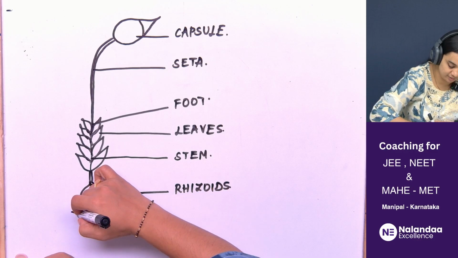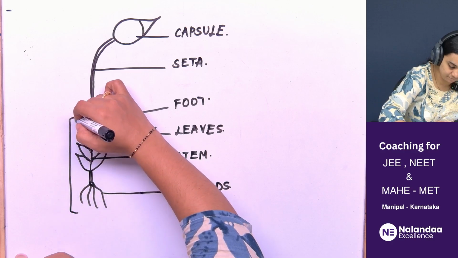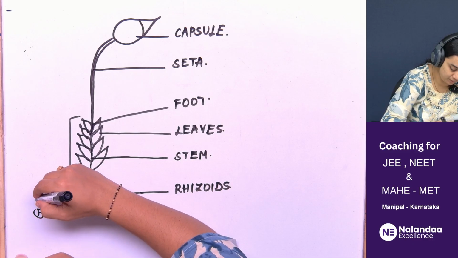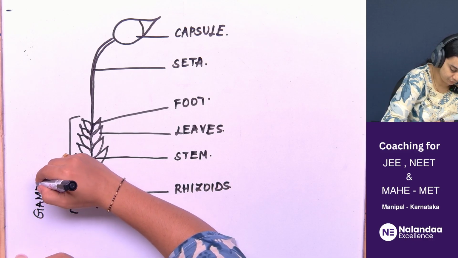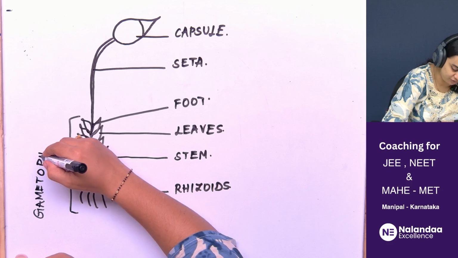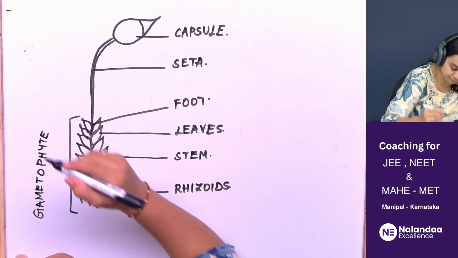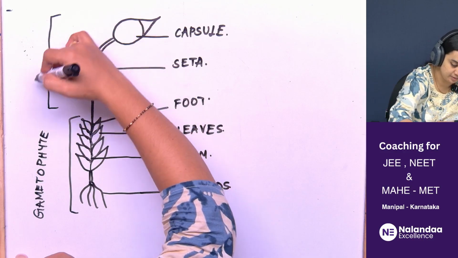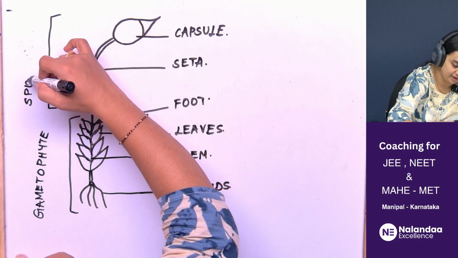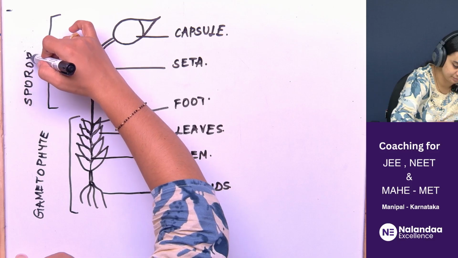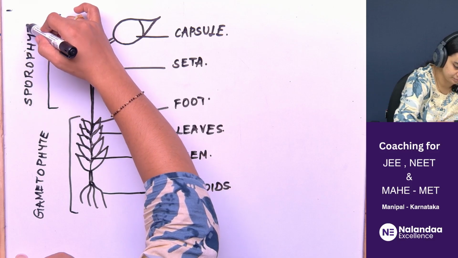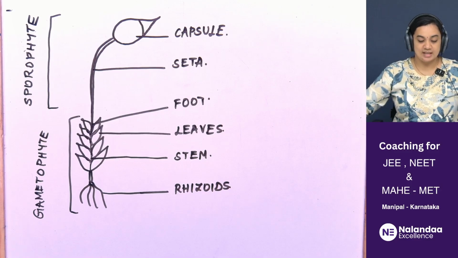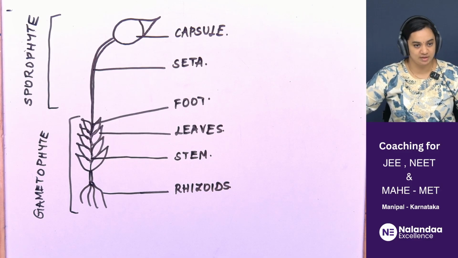So together this forms the gametophyte, and this part forms the sporophyte. Clear? So this is the representation of mosses.